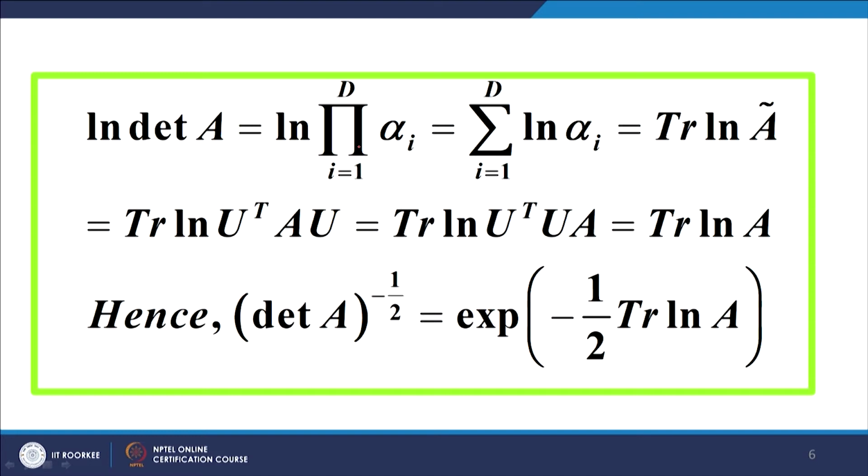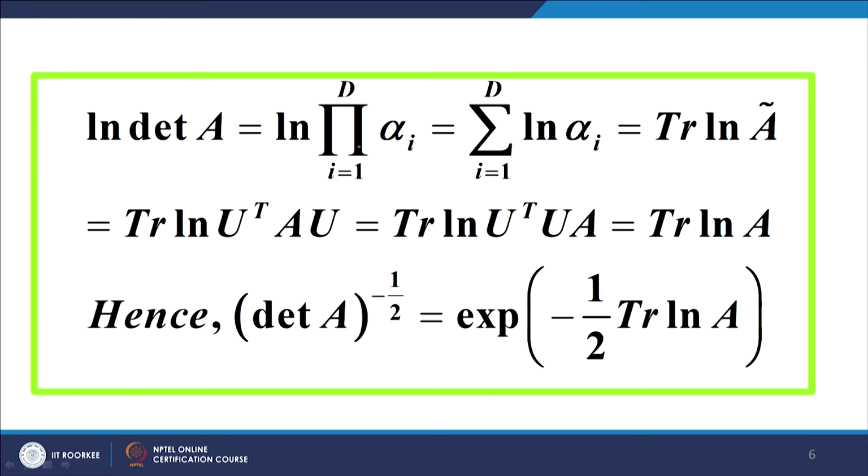Substitute A tilde equal to its expression in terms of the rotation matrices and apply the cyclic relationship. We end up with this expression being equal to trace log of A. In other words, what have we established?